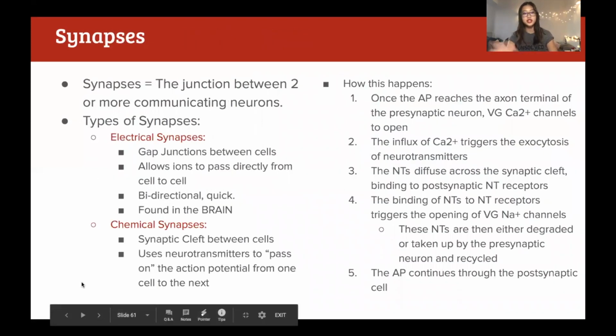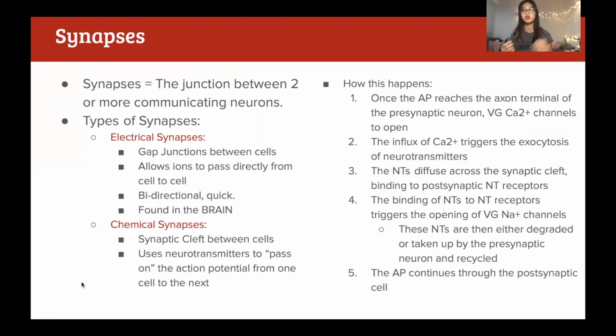Synapses are basically the junction between two or more communicating neurons. The types of synapses are electrical synapses, which are just kind of tunnels between two nerve cells that are in contact, and these allow ions to pass directly from cell to cell. As you can imagine, this is bidirectional, and it is also found in the brain, so it is very, very quick. All of this is very quick.